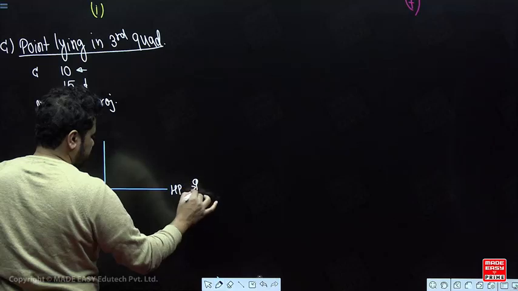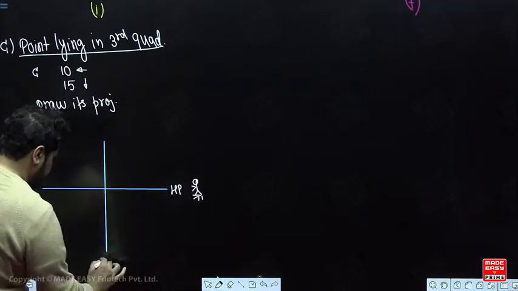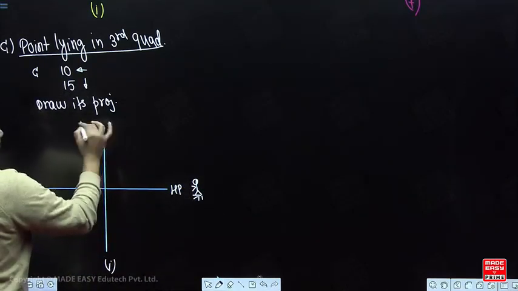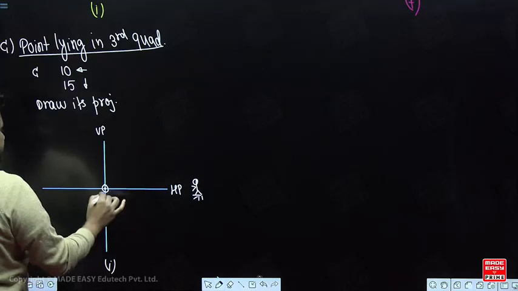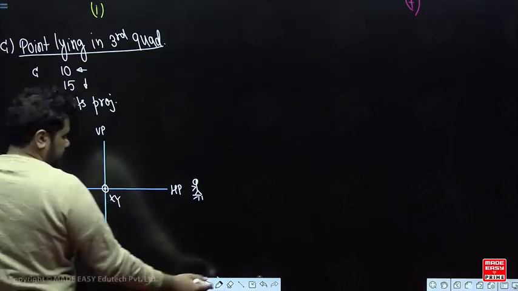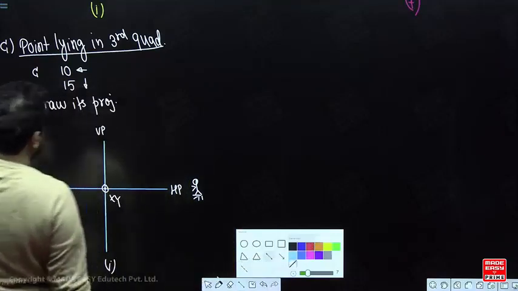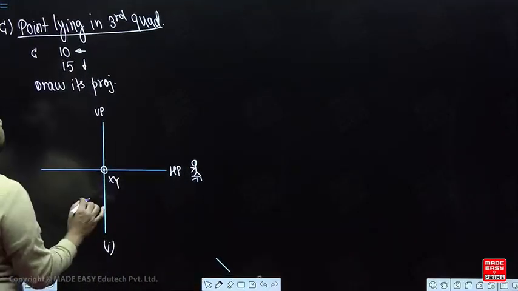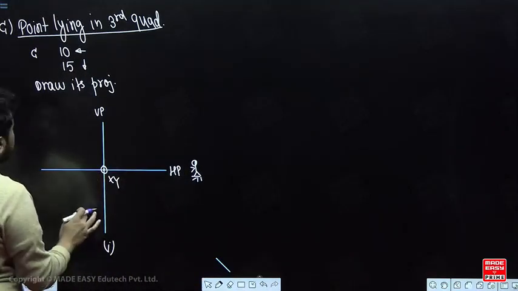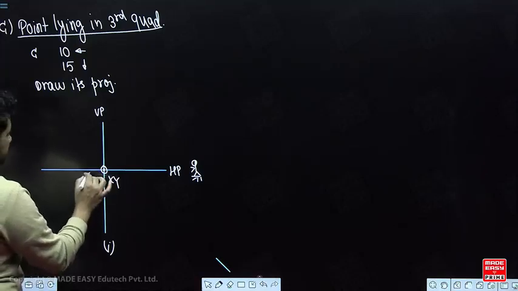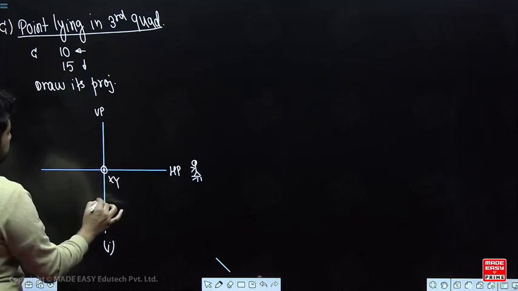This is HP, observer, initial case, this is the vertical plane, right? This is your XY, correct? So where is the point? The point is lying in the third quadrant, 10 mm behind and 15 mm below.